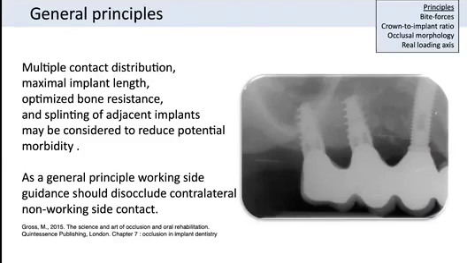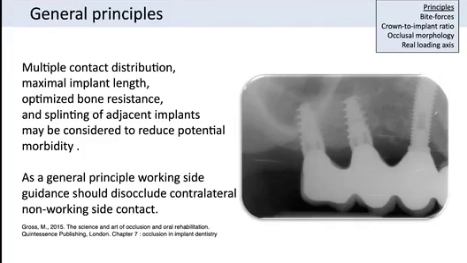The general principles frequently presented are multiple contact distribution, maximal implant length, optimized bone resistance, and splinting of adjacent implants, which may be considered to reduce potential morbidity.